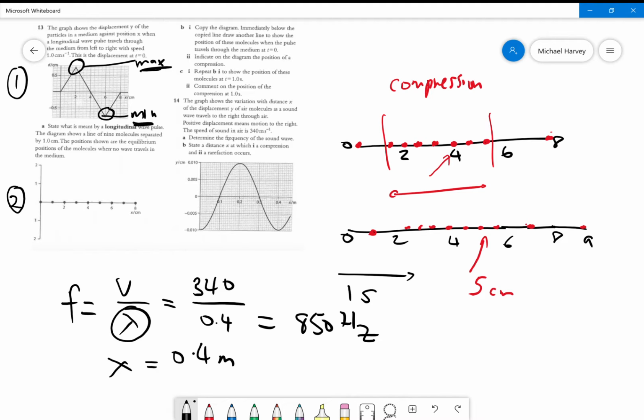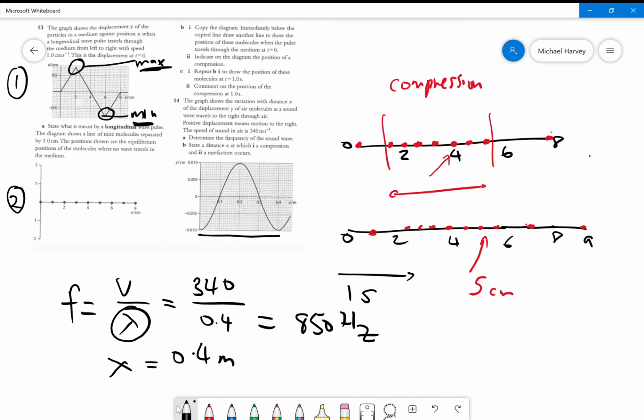Right, so B: state the distance x at which a compression occurs and at which a rarefaction occurs. Looking now at question 14, how do we get a wavelength of 0.4?